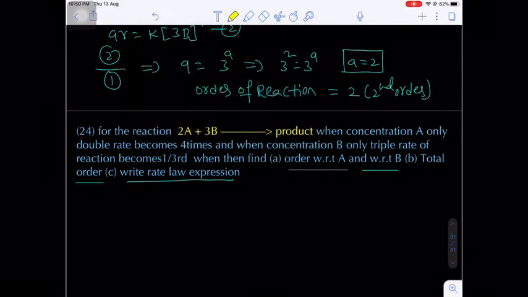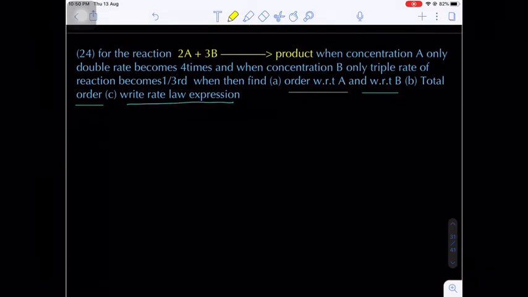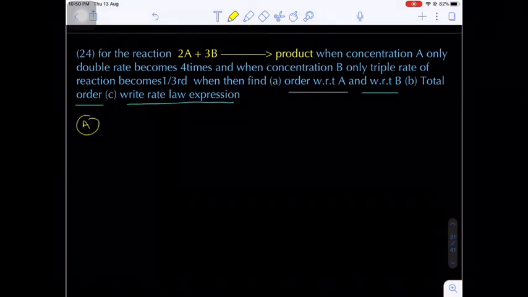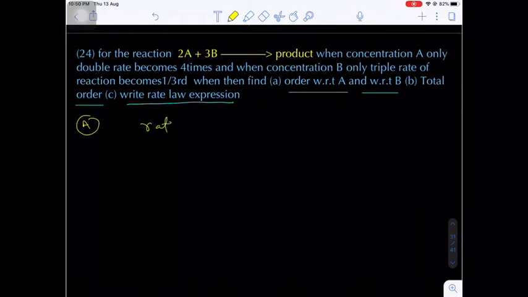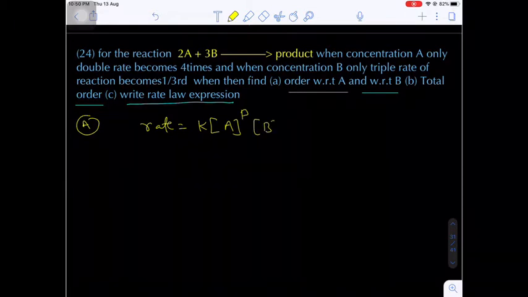Okay, now here first of all I am writing the general expression of rate law. What is the general expression of rate law? Rate will be equal to k times [A] to the power p, [B] to the power q. Let's suppose, otherwise we can take x and y also.